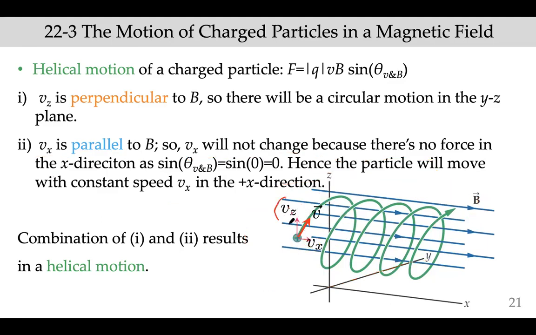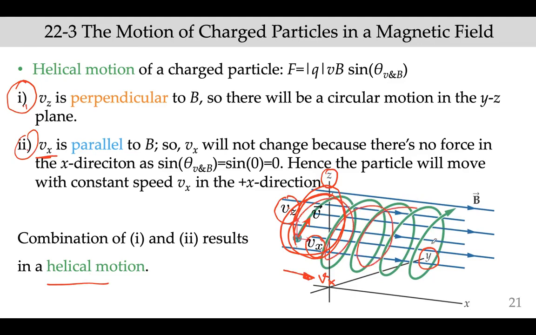Again, the z component makes it go in a circle on the z-y plane. That's the first part. And the second part is the x component of the velocity, which makes it get translated in the x direction, or go with constant speed in the x direction. So the combination of these two results in helical motion in this direction.